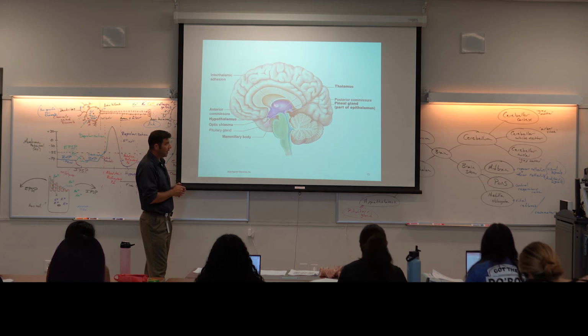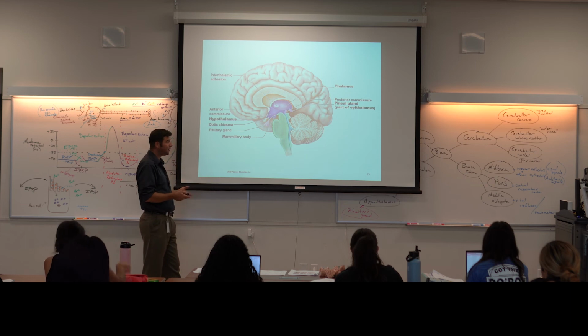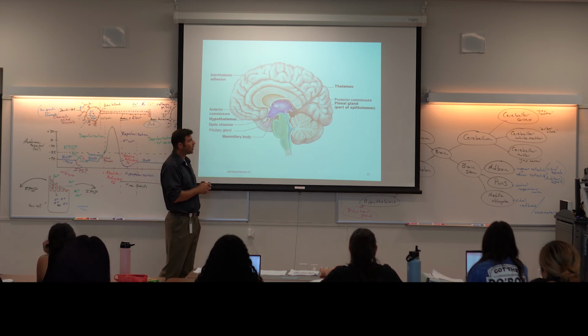And then it's kind of hard to really make out, but there's a little superficial rim, a superficial edge to the thalamus. That superficial rim is what we call the epithalamus. It's kind of hard to see the epithalamus, but one clue that we're close to it is finding this pineal gland.